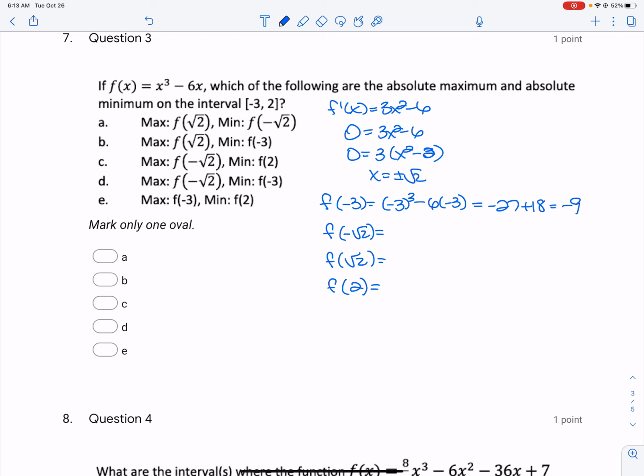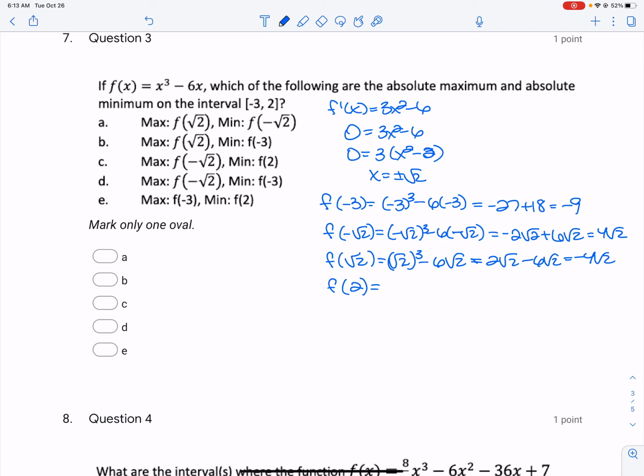Then I get negative root 2 cubed minus 6 times negative root 2. So then I get a negative 2 root 2 plus 6 root 2. So I get 4 root 2. And then I have root 2 cubed minus 6 times root 2. So then that gives me a 2 root 2 minus 6 root 2, which is a negative 4 root 2.